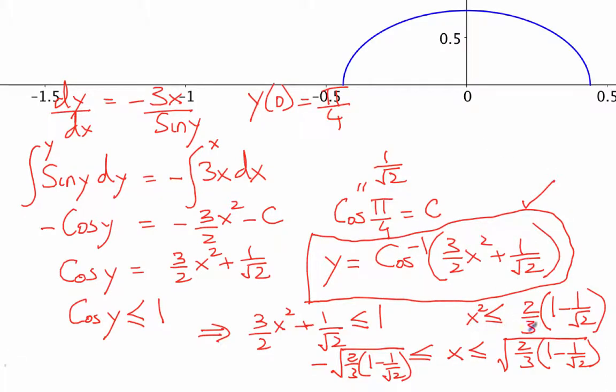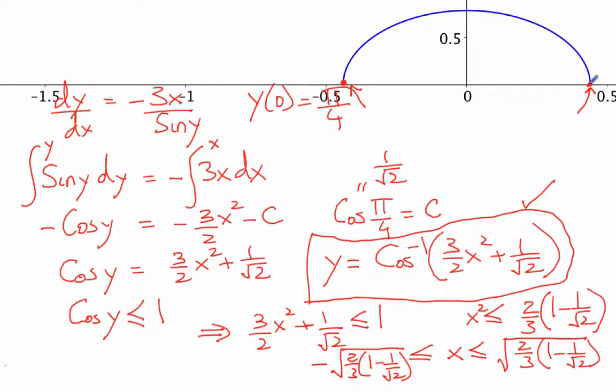Here is the plot. This number, square root of 2 over 3 into 1 minus 1 over square root of 2, is this number over here, and minus that is obviously over here. And so this range of validity goes from here all the way up till here.